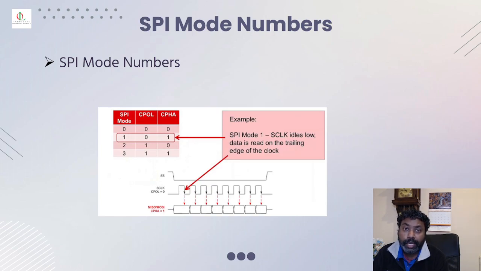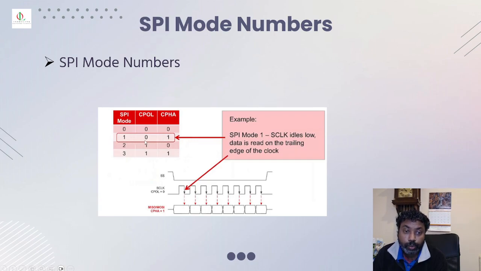SPI has 4 different mode numbers. When you write clock polarity and clock phase as 0, 0, that means it's mode 0. Mode 1 is clock polarity 0 and clock phase 1.